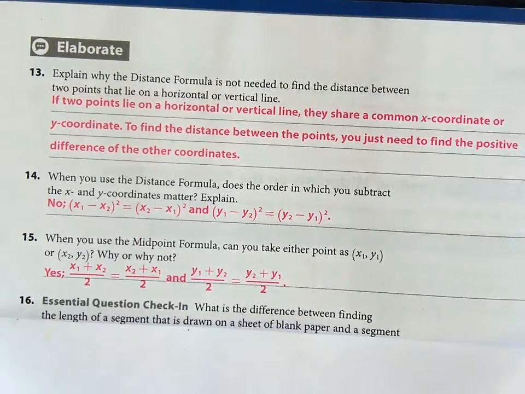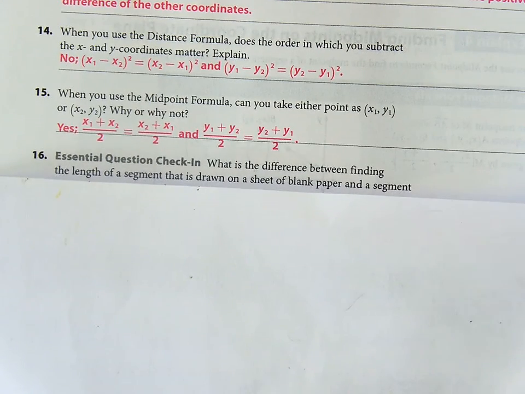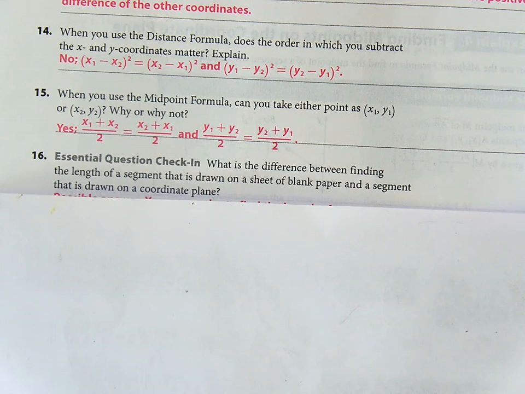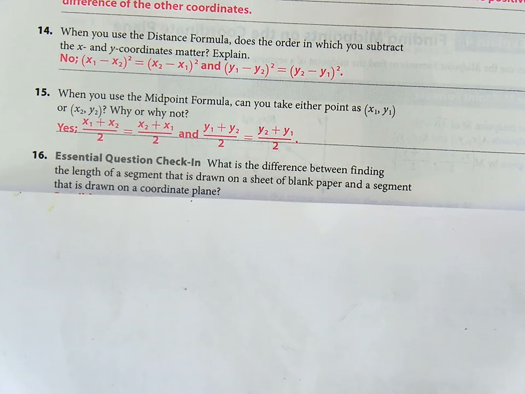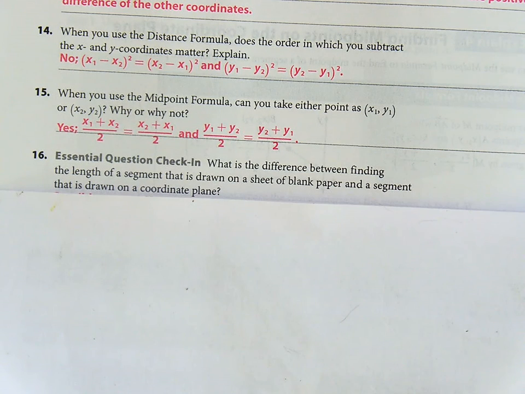Alright, essential question check-in. What is the difference between finding the length of a segment that is drawn on a sheet of blank paper and a segment that is drawn on a coordinate plane? So take a moment, pause the video, write down what you think would be the answer, and it's okay if it's not exactly worded the same.